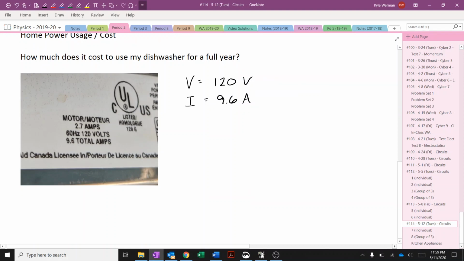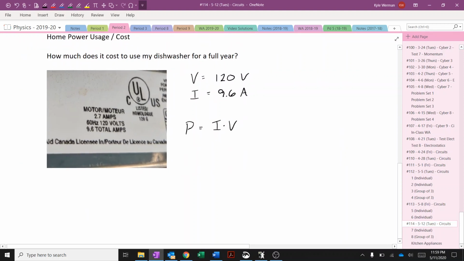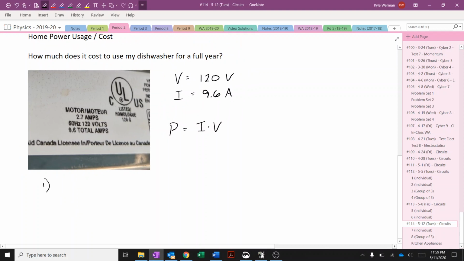So with those two numbers, we know that power consumption is equal to current times voltage. So we can actually calculate the power, right? So that's going to be our first step, is we're going to calculate the power consumption of this device.